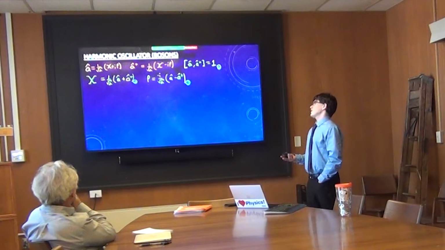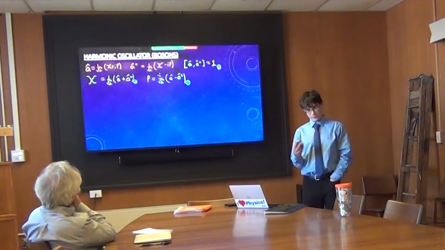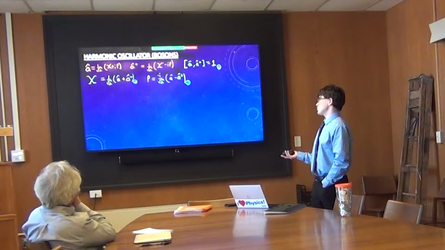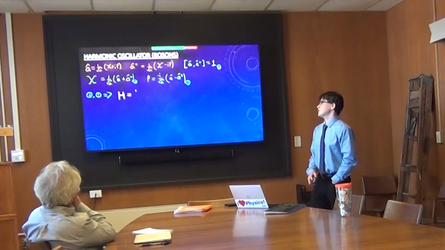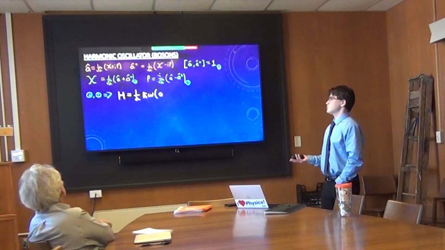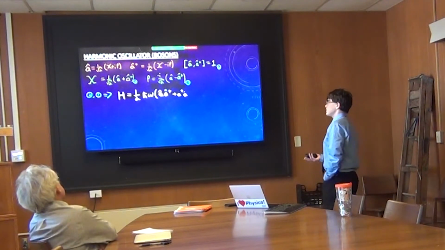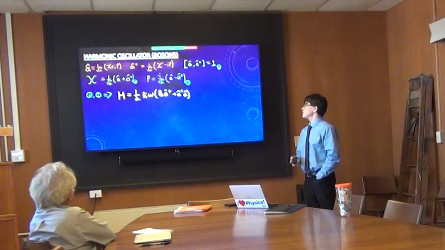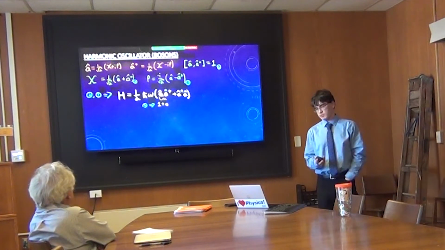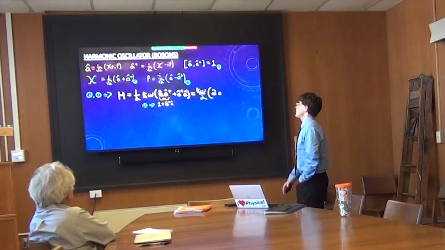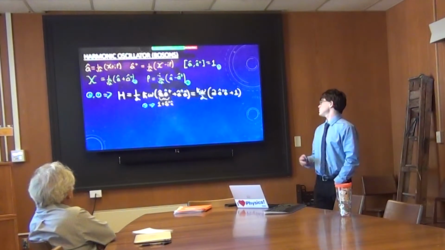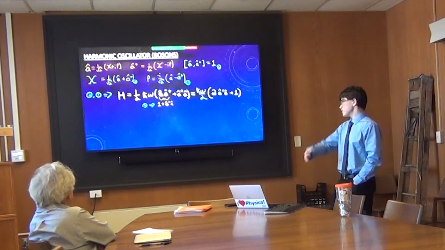Using a and a dagger, we can rewrite X and P in terms of them, which implies that the Hamiltonian can now be written as one half h bar omega times (a a dagger plus a dagger a). Use the commutation relationship to do another substitution, and we get h bar omega over 2 times (2 a dagger a plus 1).